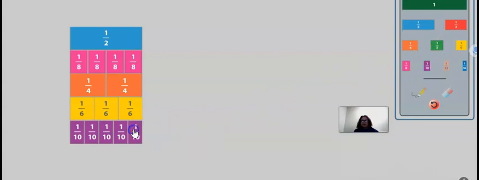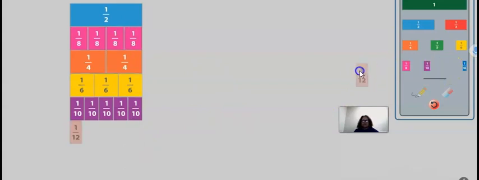Yeah, how about 6/12? 6 is half of 12, just like 1 is half of 2. We could even keep going, couldn't we? We could do 8/16 if we wanted to.